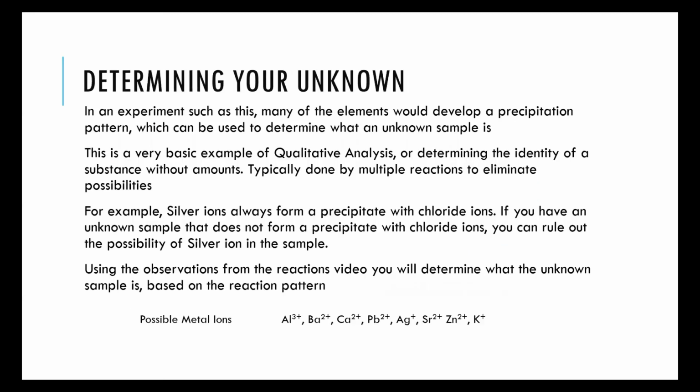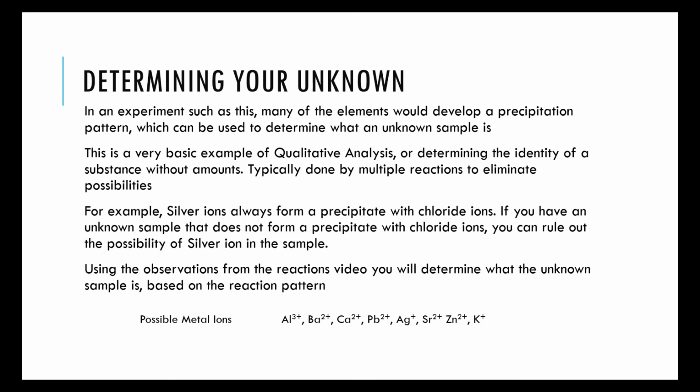The last part of the experiment is just a continuation of that. You're using an unknown ion, and you're going to be reacting that unknown with all of the different precipitating agents. You're just going to treat that like another metal nitrate salt.